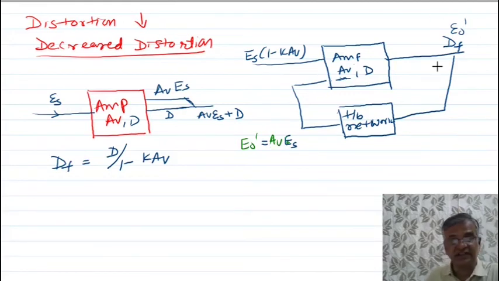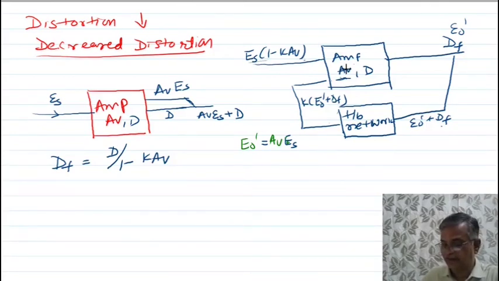Now look at what factor you will get. First, your output is EO dash plus DF. How much part is coming back here? K part is coming here. K of this, we have written K VO dash. So here you will get K into EO dash plus DF. So this is your new input.